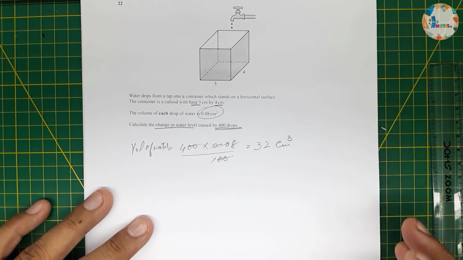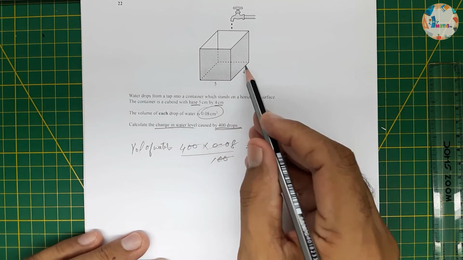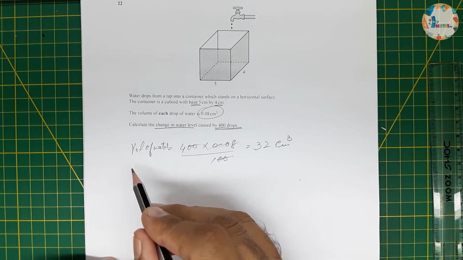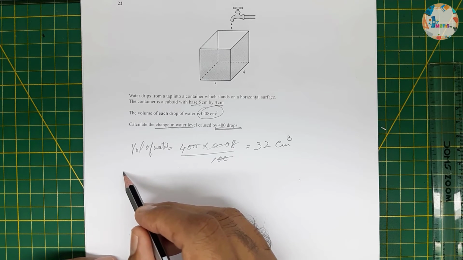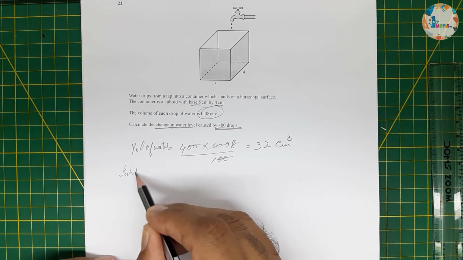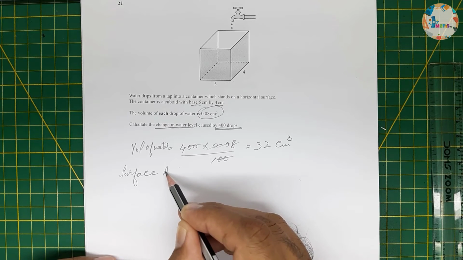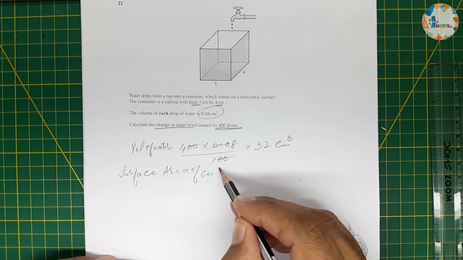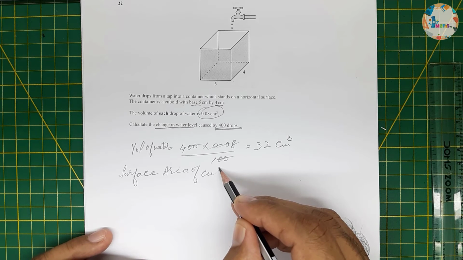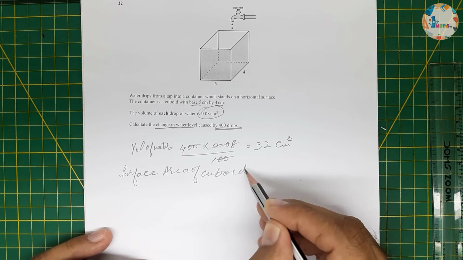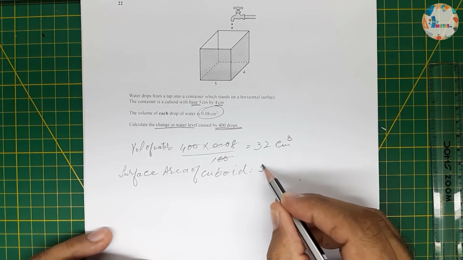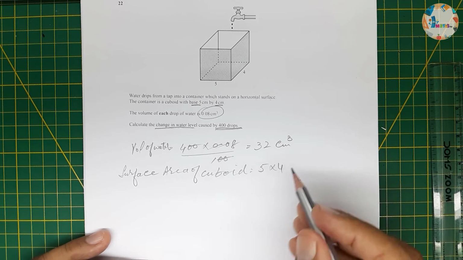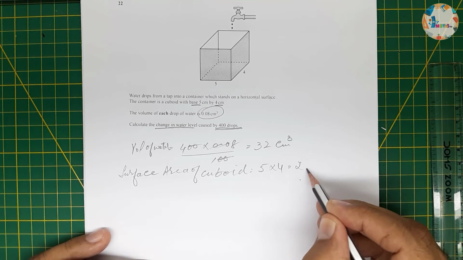And for this one, the surface area of the cuboid base is equal to 5 multiplied by 4. So this will be equal to 20.